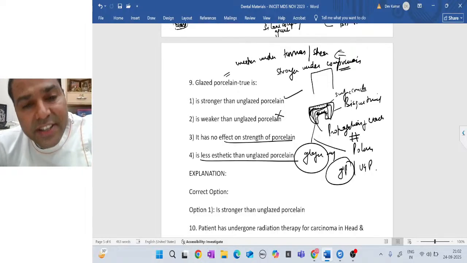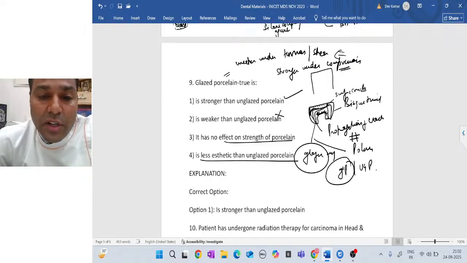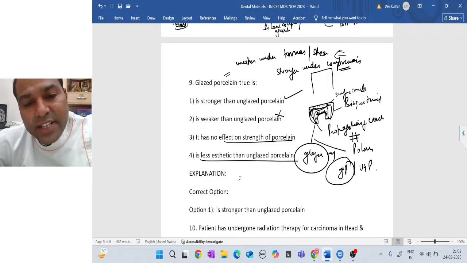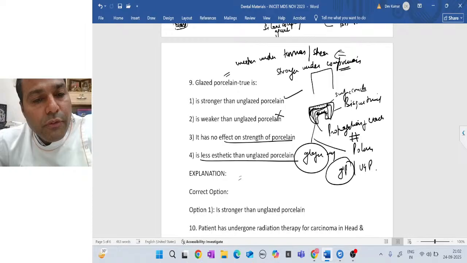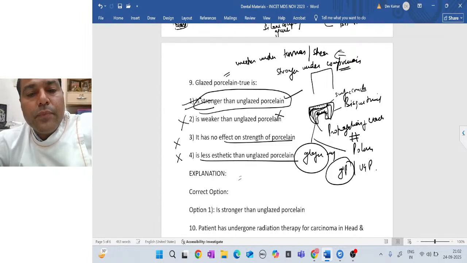It has definite effect on the strength, and definitely with glazing it will be more aesthetic. The fourth option is not there, it has definite effect on the porcelain, it is stronger. Definitely the first answer is A. The first answer is your A.